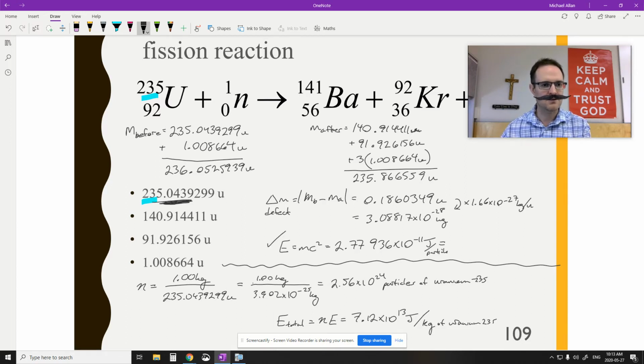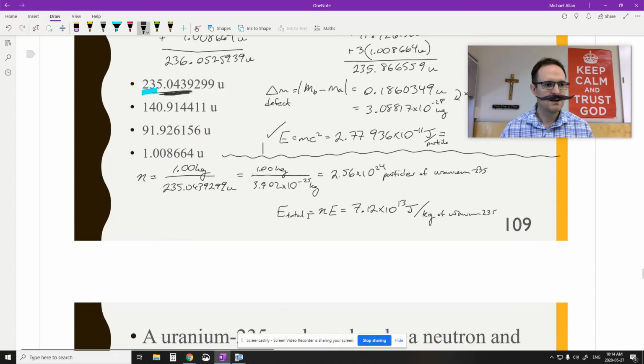I can change that into electron volts. We'll just leave it in joules for now because I'm too lazy at this point. But this number times 10 to the 13 joules, that's per kilogram. Sorry, that's a huge amount of energy.